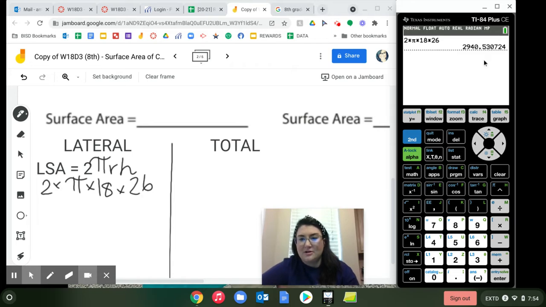All right, so we get our lateral surface area. I'm going to go ahead today and let you round to, I would say for today, let's round to 2 decimal places. So you're going to keep these 2, and depending on what this third one is, you might have to change the second one.